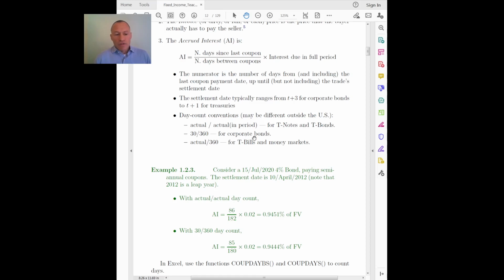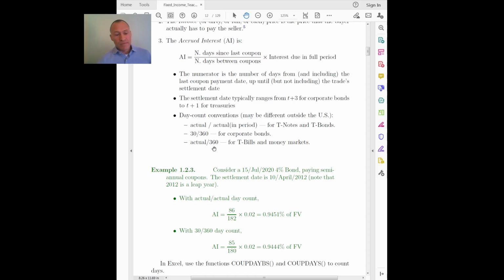In other markets for corporate bonds, we simplify things and assume that every month has 30 days and the whole year has 360 days. And then in other markets, we mix these two things, which is in the numerator, we look at the actual calendar to count days, but then in the denominator, we assume that the year has 360 days, okay?